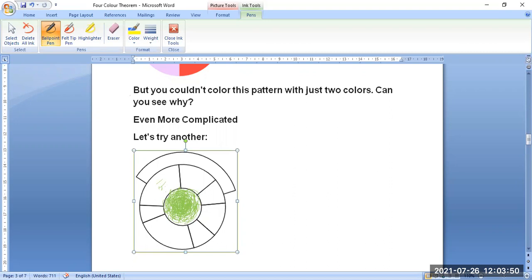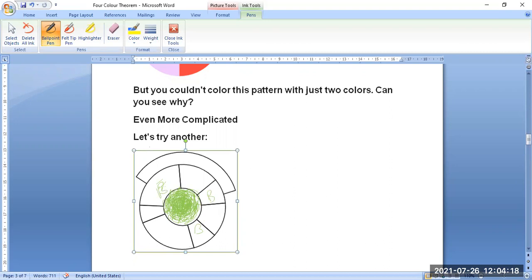Say we are taking a color as blue here. This is not adjacent, then here also you can take that blue. This is not adjacent, so here we can take blue. Here we cannot take blue, here we cannot take blue, right?